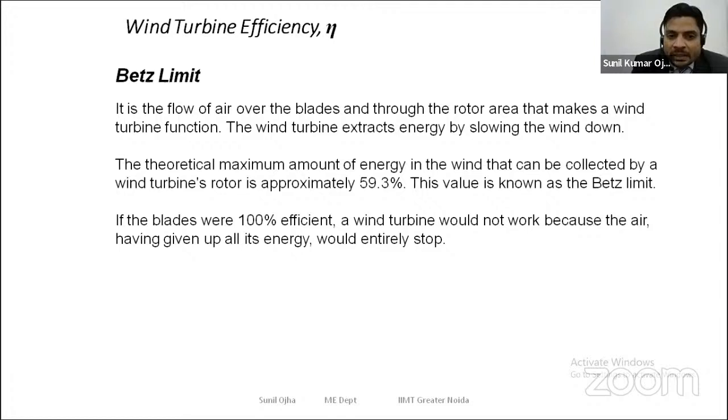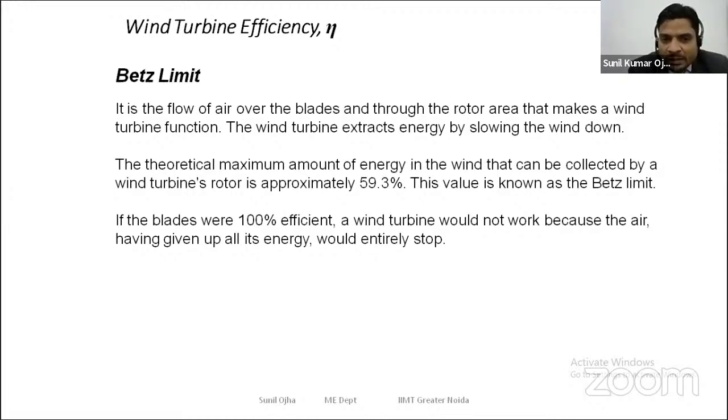If the blades were 100% efficient, a wind turbine would not work. To extract 100% of the energy from the wind, we would have to block the flow of wind completely, so it is not possible to harness 100% of the energy.